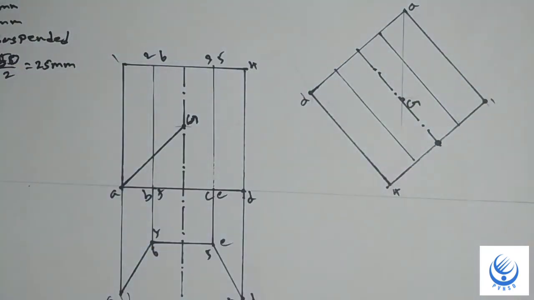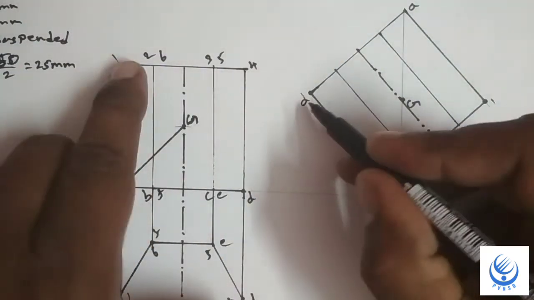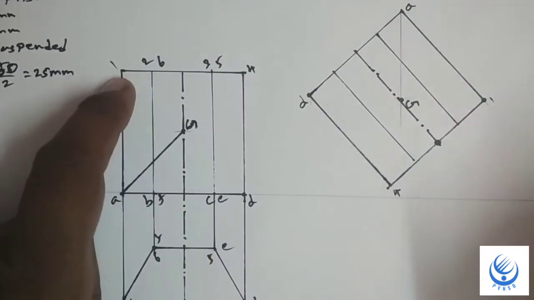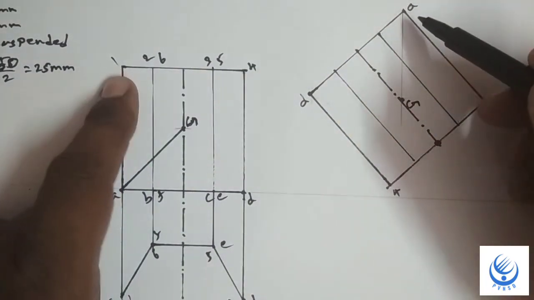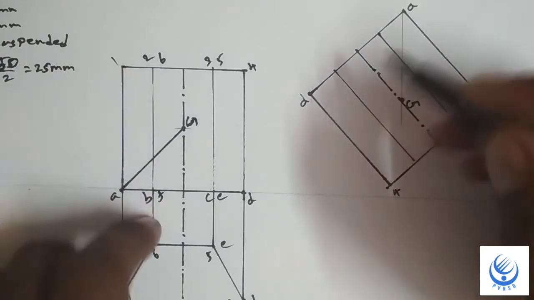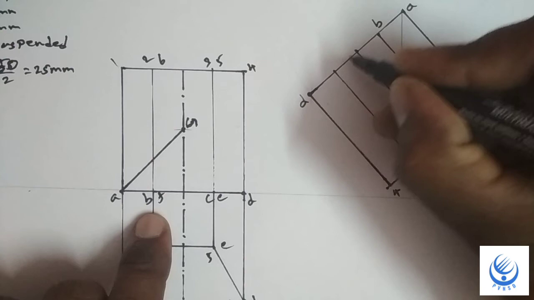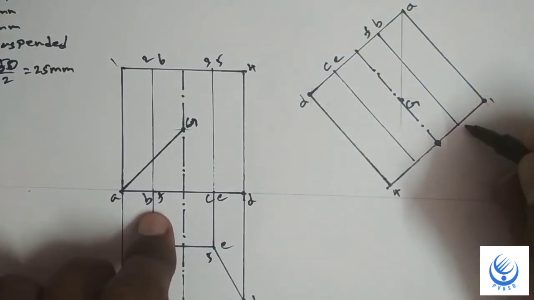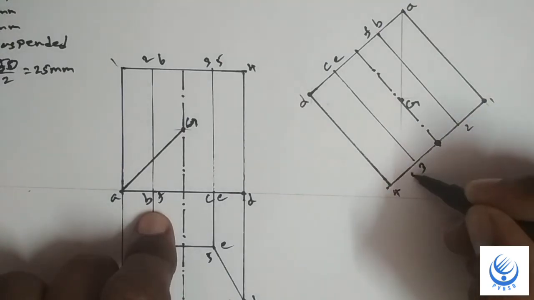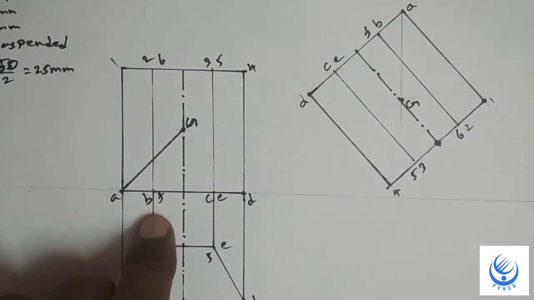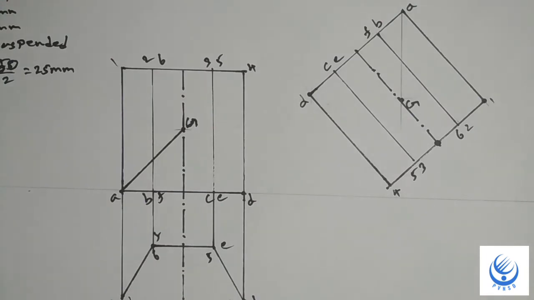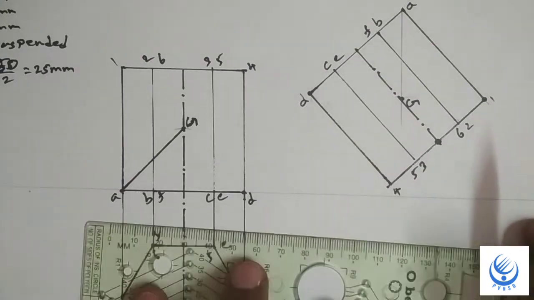Okay, the next step is to mark the letters. This is A, then B, C, D, E, F, and this is 1, 2, 3, 4, 5 and 6. Next, project the horizontal lines and vertical lines.